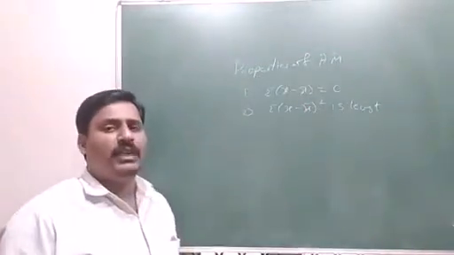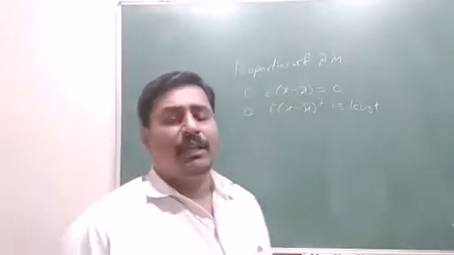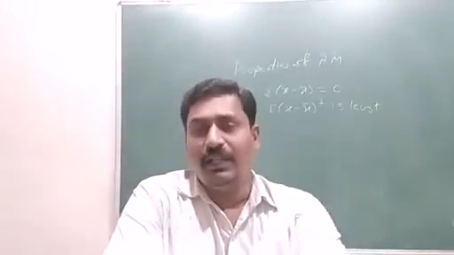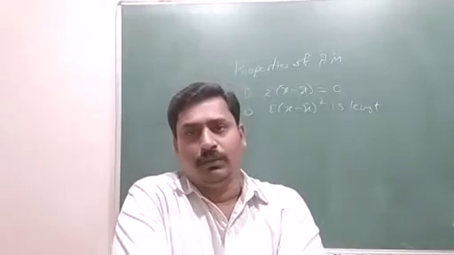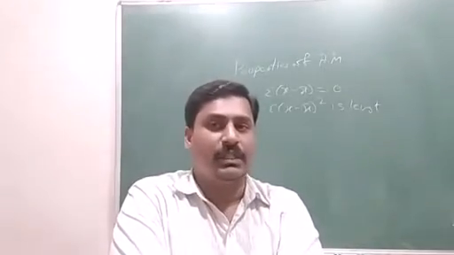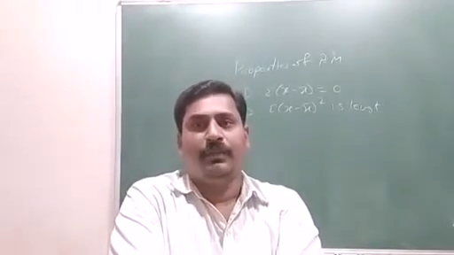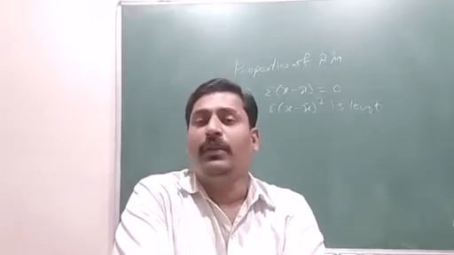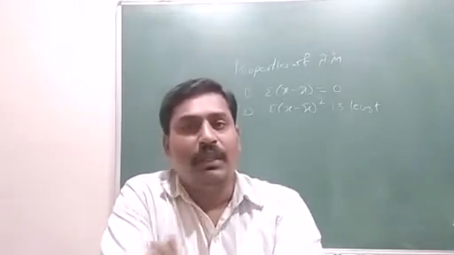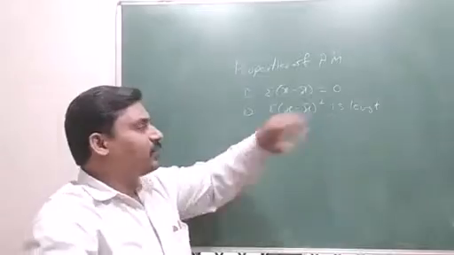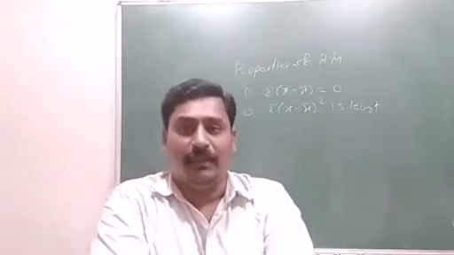If we take any other value than the arithmetic mean, a constant value deducted from all the observations, and square it, then the total will not be least. It will be more than the total we get from the arithmetic mean.